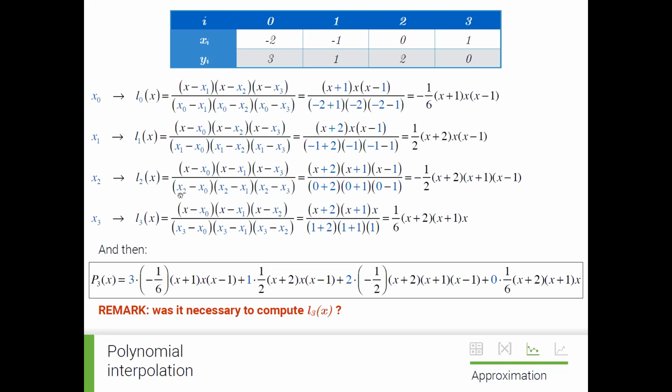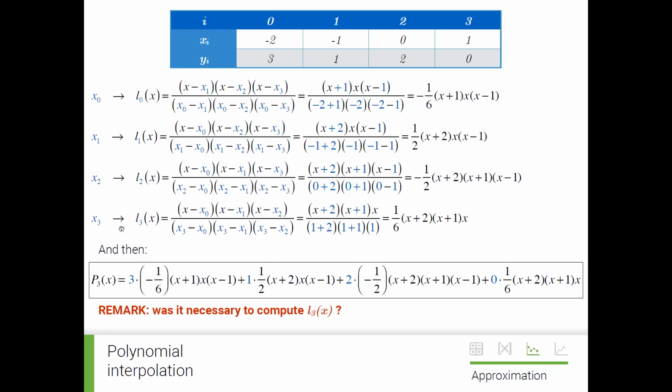So, and now the denominator will be x2 minus x0, x2 minus x1, and x2 minus x3, beginning from x2, of course. And after replacing the corresponding values, we get here minus 1 over 2 in the denominator. And the numerator will be just x plus 2, x plus 1, and x minus 1. So this is L2 of x.